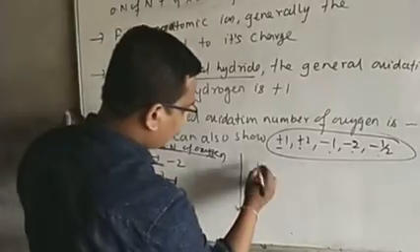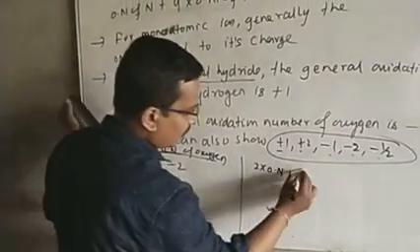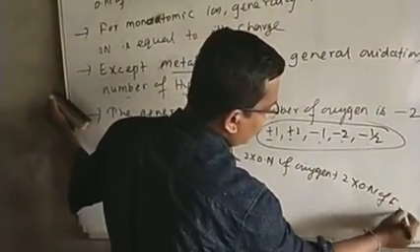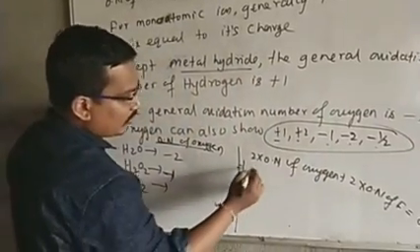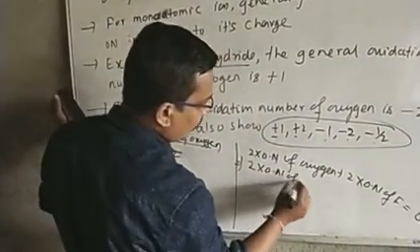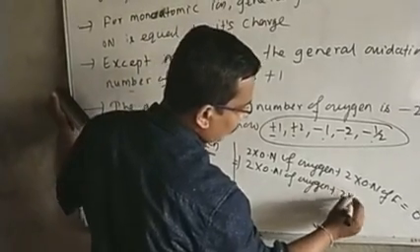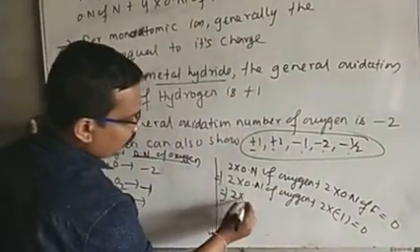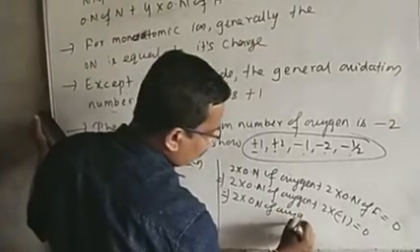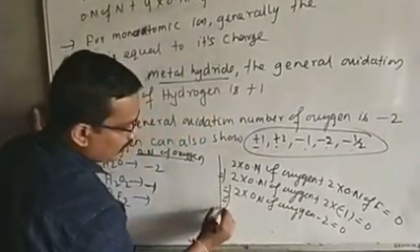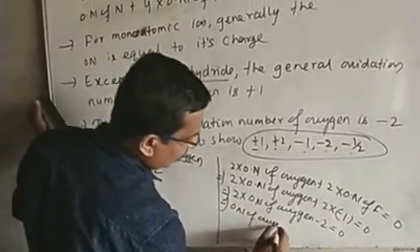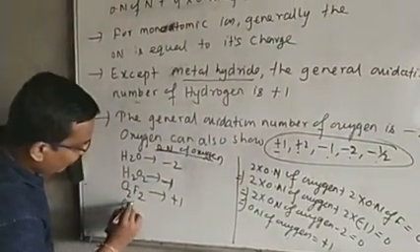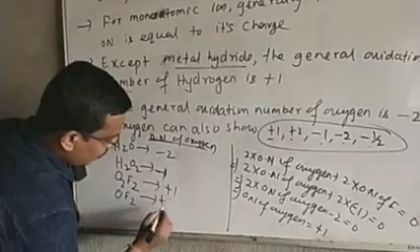In this case, 2 times the oxidation number of oxygen plus 2 times the oxidation number of fluorine, which is -1, is equal to 0. That means 2 times the oxidation number of oxygen minus 2 is equal to 0. That means the oxidation number of oxygen is +1. So we can write it is +1. In OF2, the oxidation number of oxygen is +2.